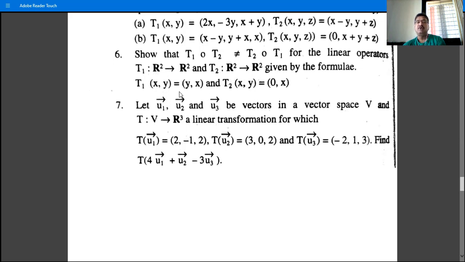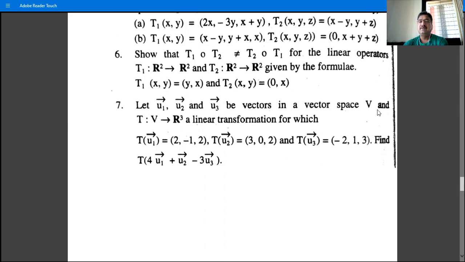You find the formula for T2 circle T1 and T1 circle T2. These two formulas are not the same, and therefore we say T1 circle T2 is not equal to T2 circle T1. That is, find T1 circle T2 of xy, and then find T2 circle T1 of xy, and both are not the same.